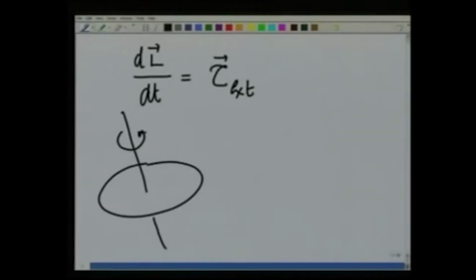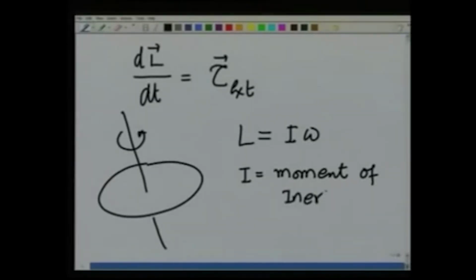In this case, the entire relationship became very simple and we showed that L equals I omega, where I is the moment of inertia and omega is the angular speed.